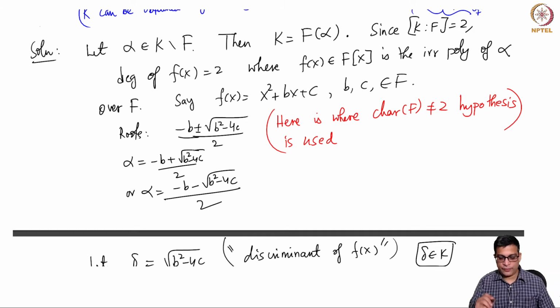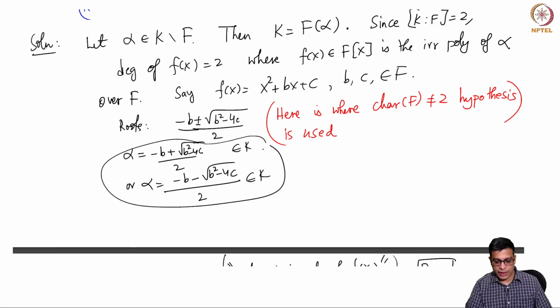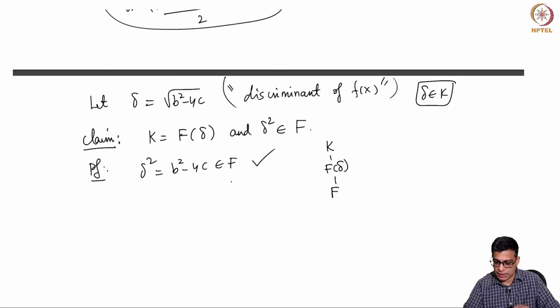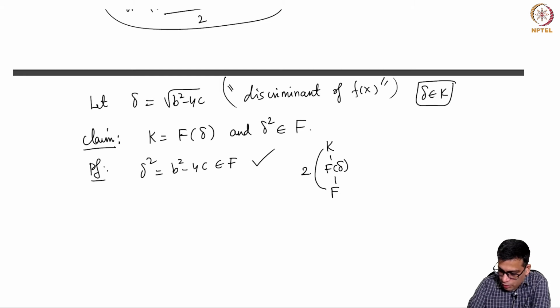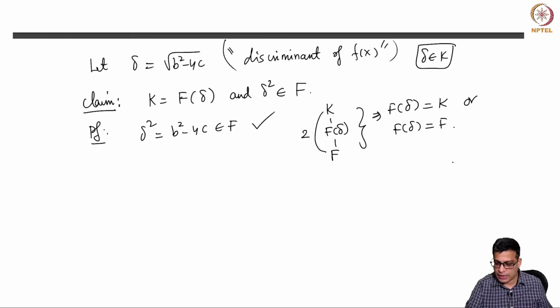So alpha is one of them. Once alpha is in K, you can clearly rearrange terms to conclude that the square root of b square minus 4c is in K. So F(delta) is a subfield of K, and this is a degree 2 extension. So this implies F(delta) is either K or F(delta) is equal to F.